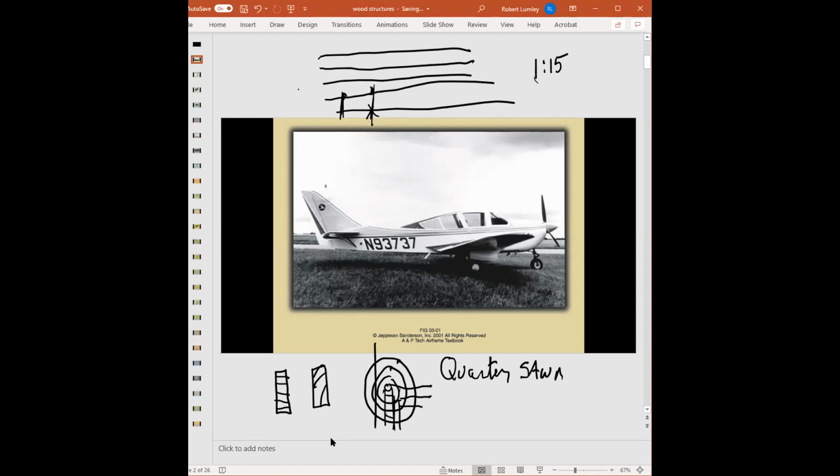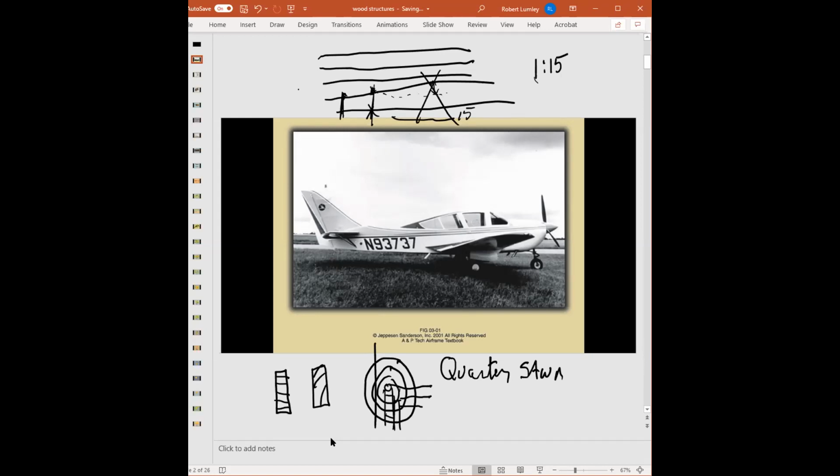Let's say it's not. Now we come over here, and here's where that grain is, and this is where this grain is. If we bring that over, we can see at that high point, 15 inches is way over here now, and that's greater than 1 inch. This board or that section is rejected.